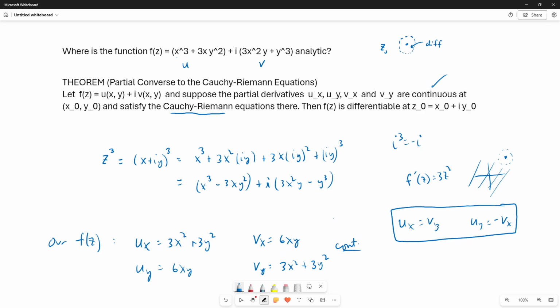Now let's check, does u sub x equal v sub y? u sub x, v sub y, they're identical. So u sub x equals v sub y everywhere, at every point in the complex plane. What about u sub y equals negative v sub x? u sub y and v sub x are equal, so they're supposed to be negatives of each other. So we have 6xy for u sub y, and we want that to equal negative 6xy. And this equation does have solutions. This is true if x equals 0 or y equals 0.